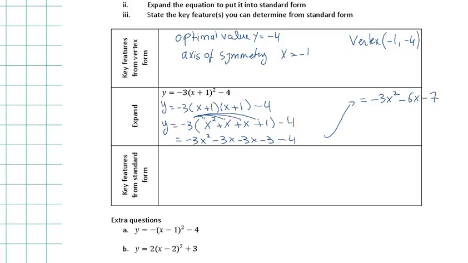So what are the key features that I can find from the standard form? The y-intercept only. From the standard form, which is this form, I can only find the y-intercept, which is negative 7.